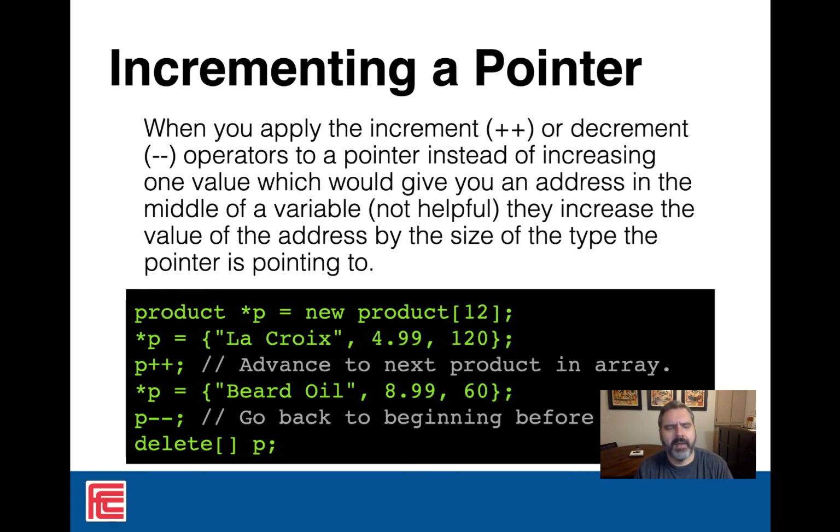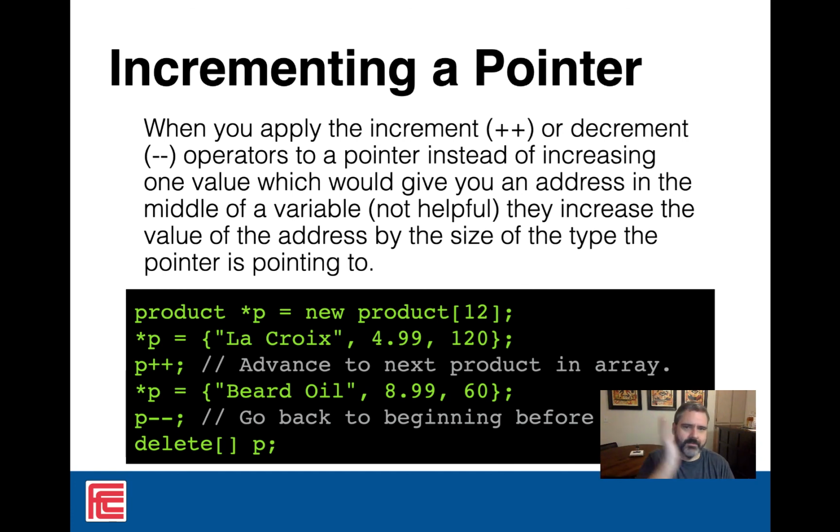Now, I've got a pointer to the first object, but how do I actually float around in between the different objects? Well, as it turns out, pointers are overloaded. We'll talk about operator overloading later, but pointers are overloaded with the plus plus and minus minus operators. So if p is pointing to the first object, I can use p plus plus to advance to the next object in that array, or struct in the array, right?